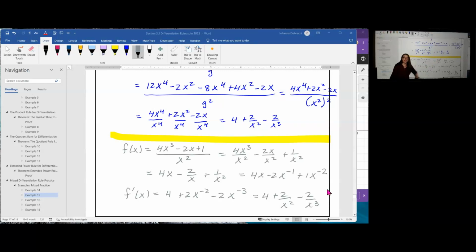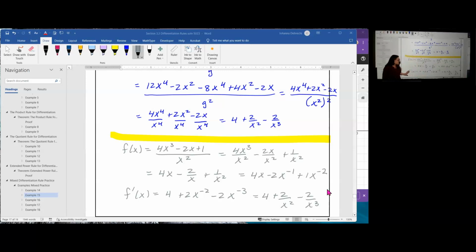Then I simplified each one. Notice that I next used the rule about negative exponents to rewrite -2 divided by x as -2 times x to the -1. And I rewrote 1 over x squared as 1 times x to the -2.